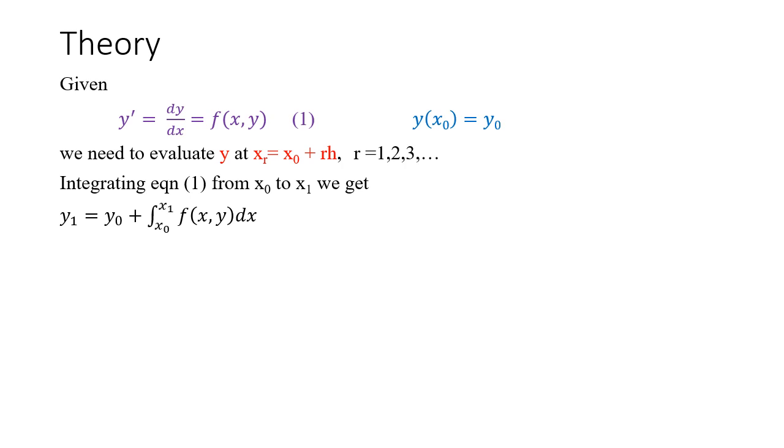In the second order RK method, we used the trapezoidal rule to obtain this integral, or in other words, we approximated the function by the average of the function value at the initial point and final point. Here, in the case of the fourth order RK method, we use the value of the function at different points.